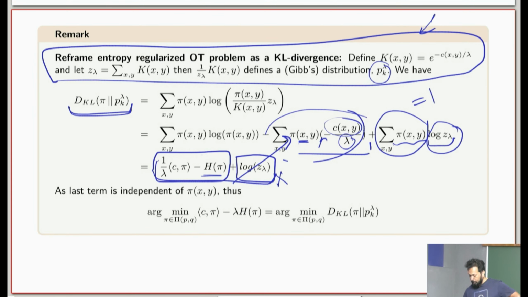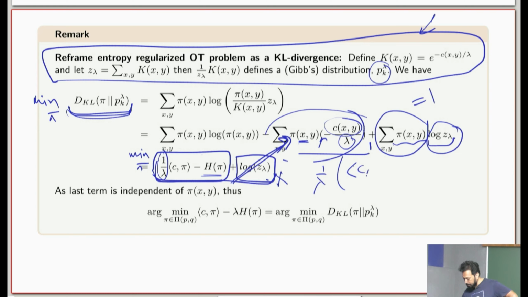Essentially, because you will look at the minimization problem now, if I put a minimum here, this is a minimum over pi, and if I put a minimum here, this is also a minimum over pi. So in this minimum game, log z has nothing to do with it. So that guy stays away. Then it's about the minimum of this guy with this. In the minimum, I could take 1 by lambda common.